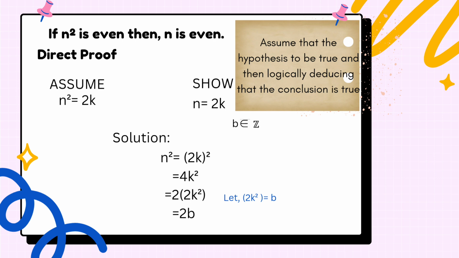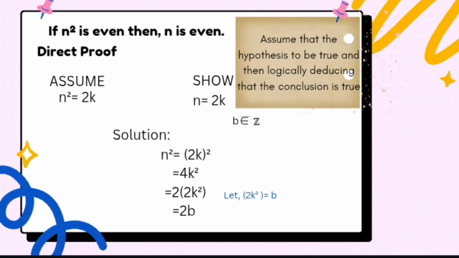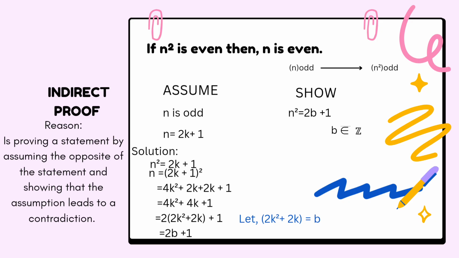Now to prove the statement indirectly, we assume that the conclusion is false. We show that the assumption leads to a contradiction. So our hypothesis here is n squared is even, so we're going to assume that n is even.